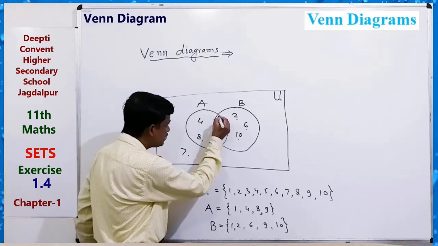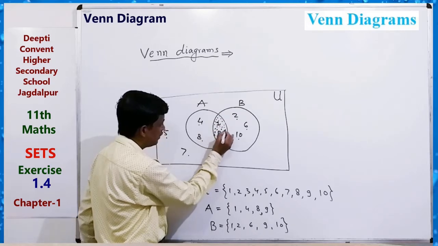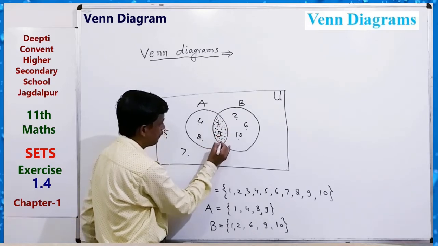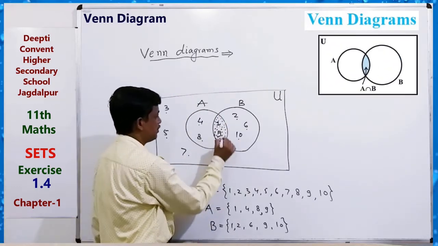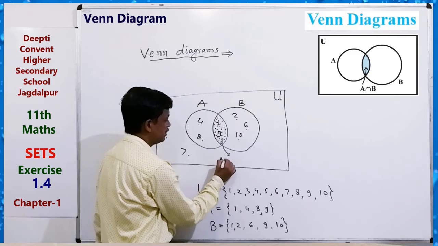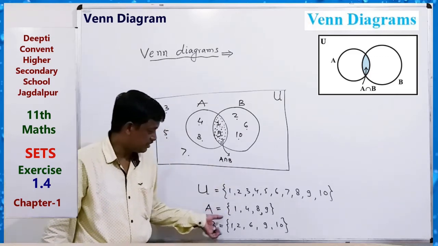Now, this representation can be like this. This part is the intersection part. We can shade it. This is the intersection part, A intersection B, because A intersection B is 1, 9.